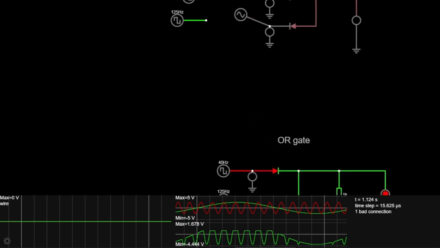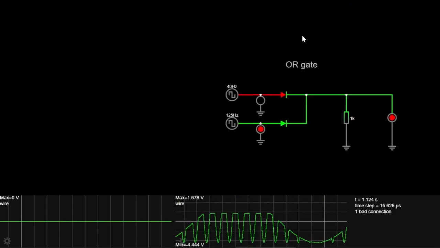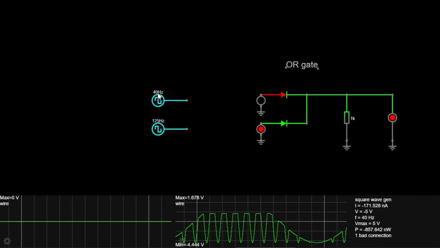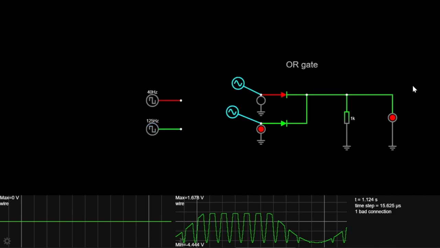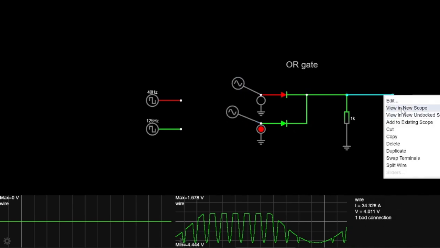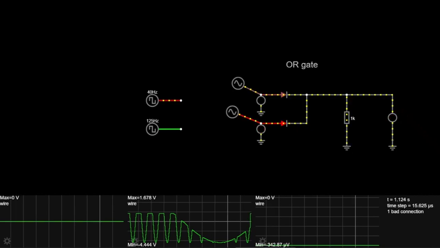So let's look at the OR gate. How does the OR gate look when we give it some sine waves here? Let's see.